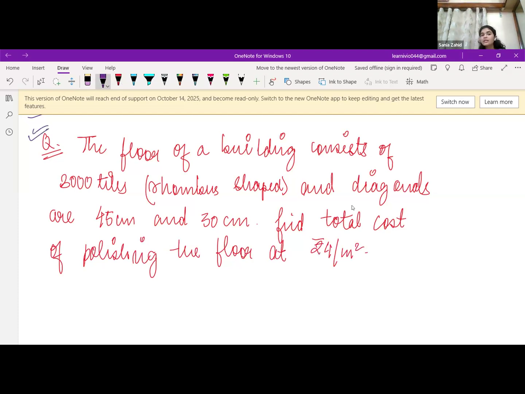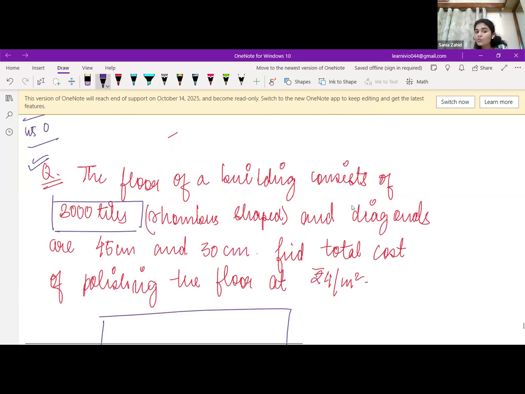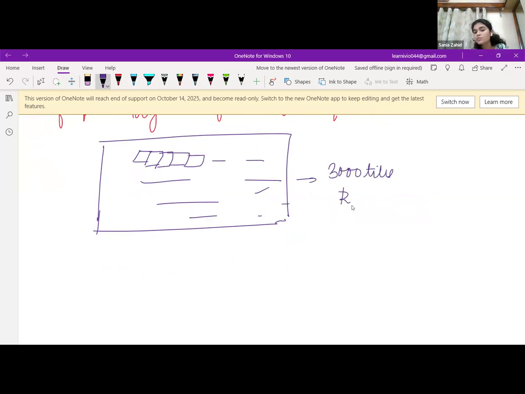What does it say? That there is a floor of a building consisting of how many tiles? 3,000 tiles. So, for example, this is the floor, and this floor is covered with tiles in the shape of a rhombus. Like tile number 1, tile number 2, tile number 3, and so on. So it is covered with 3,000 tiles that are rhombus in shape.